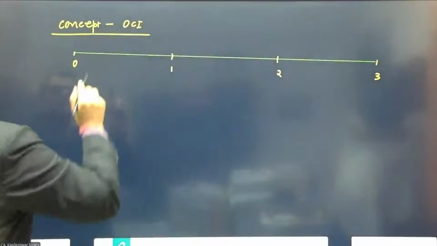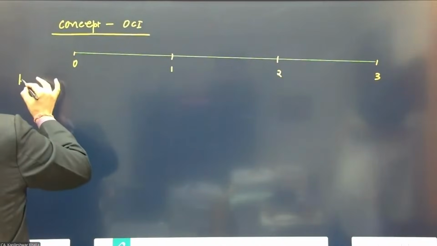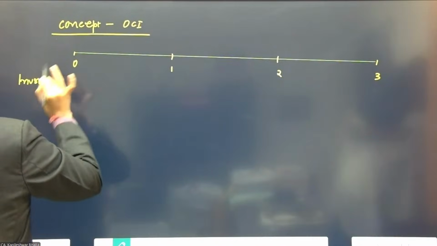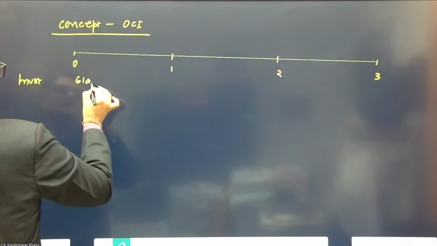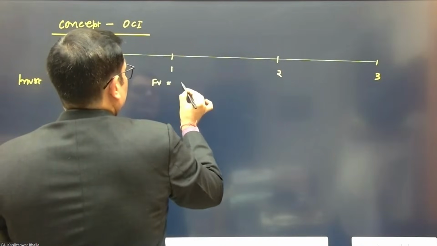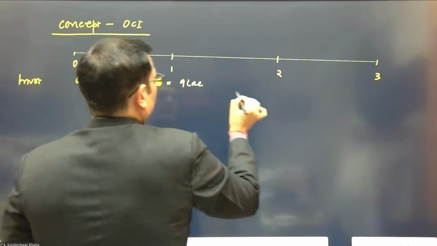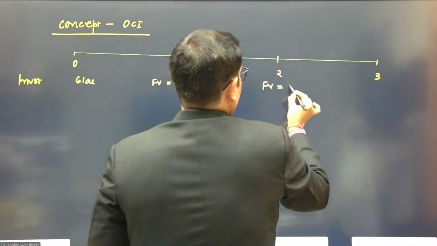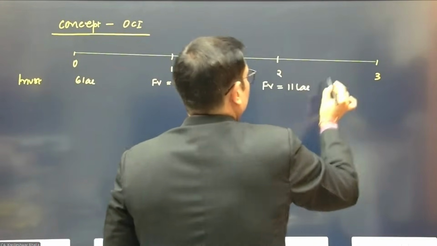Let's say a company purchased an investment at 6 lakh rupees. Let's say the fair value at the end of the first year is 9 lakh, and the fair value at the second year end is 11 lakh.